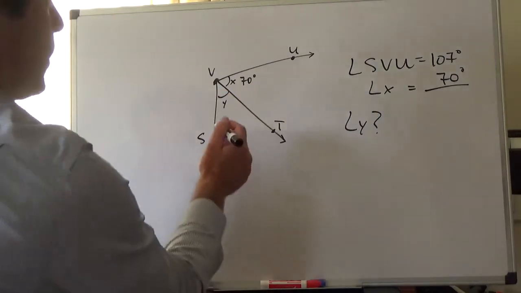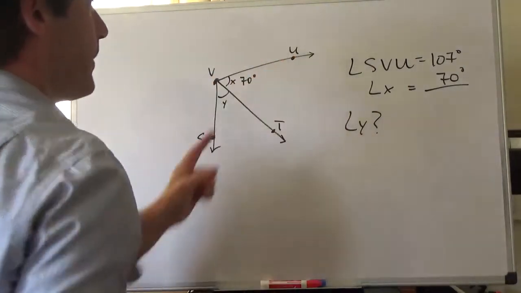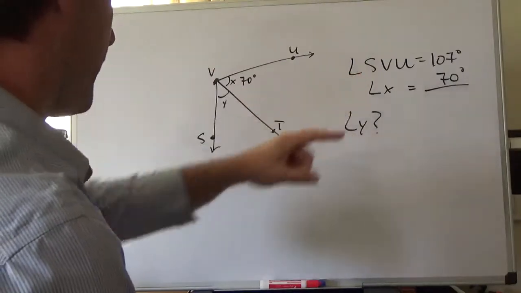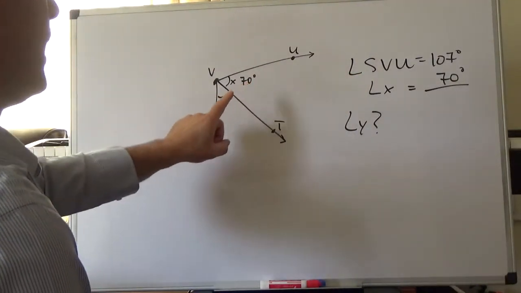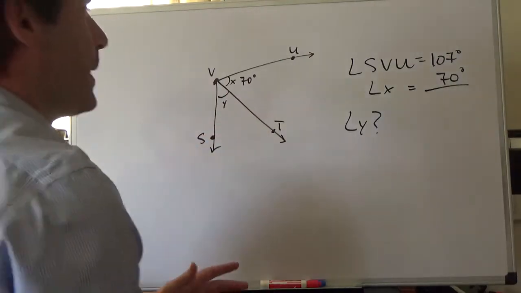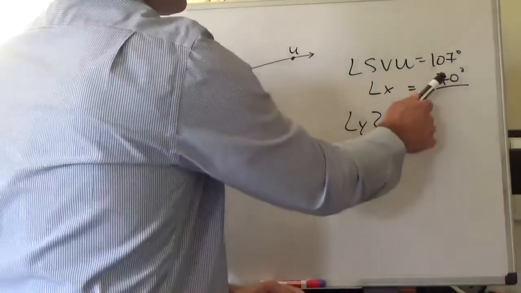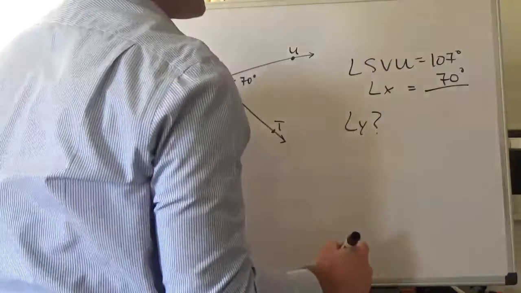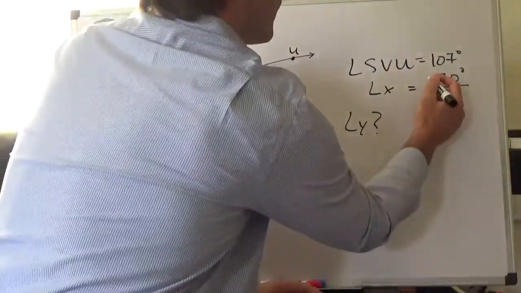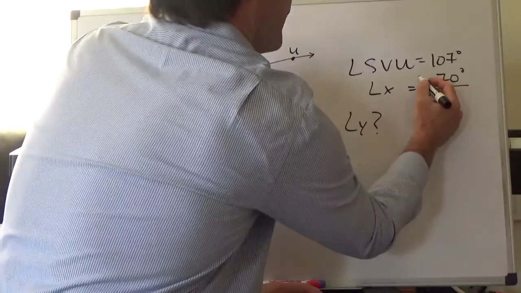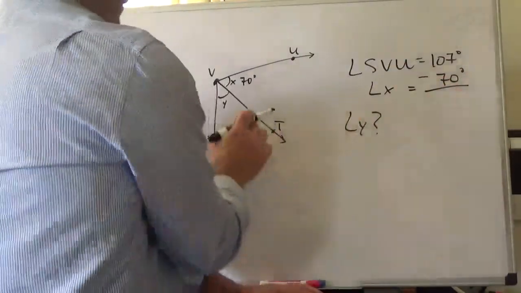So if I know that this whole angle SVU is 107 degrees, and part of that is 70 degrees, angle Y has to be the difference. So I can think about what 70 plus what will give me 107, or 107 minus 70 is going to give me the same difference, angle Y.